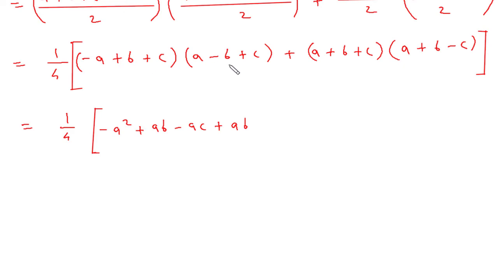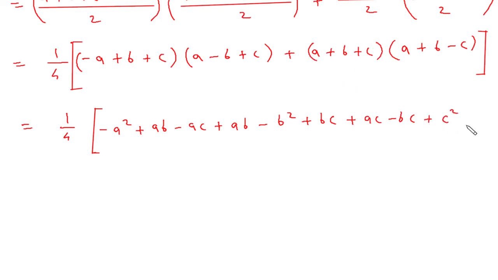B into minus b will be minus b square. B into c will be plus bc. Then c into a will be plus ac. C into minus b will be minus bc. Then c into c will be plus c square.